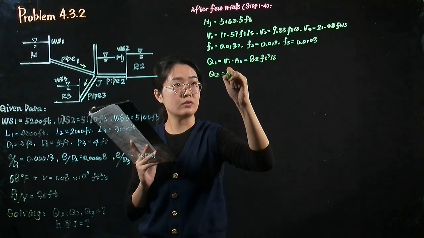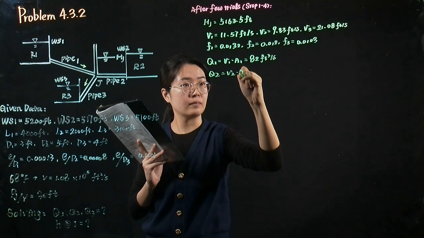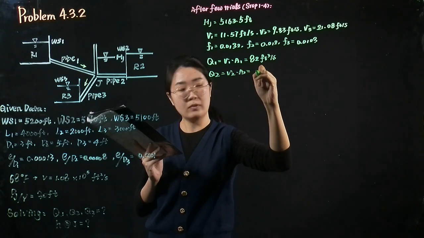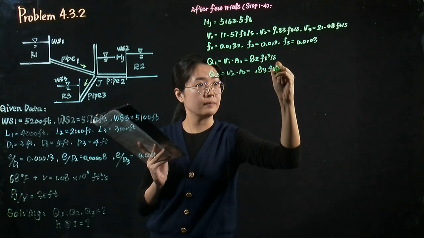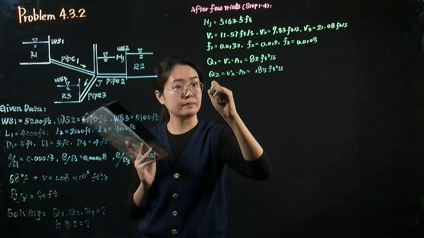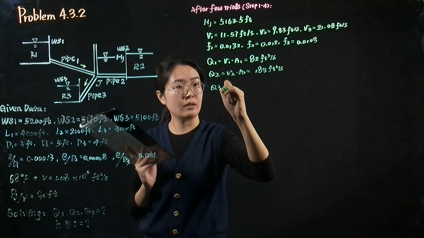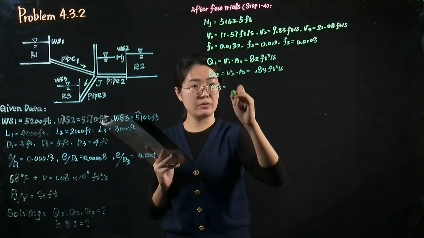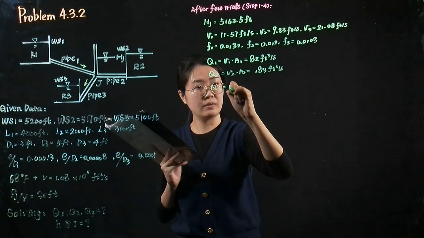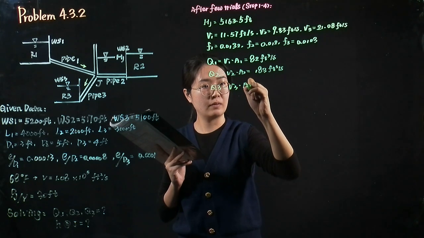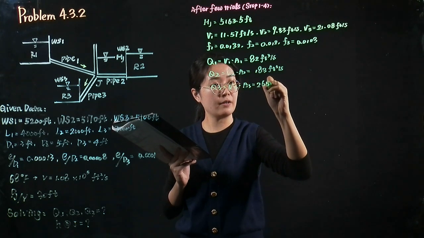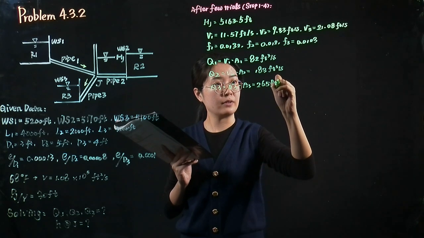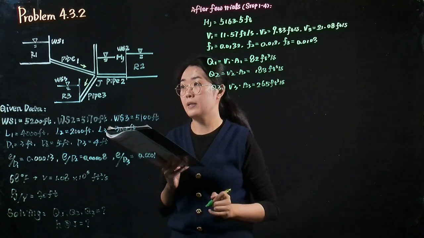Q2 equals to 183 cubic feet per second. And Q3 equals to 265 cubic feet per second.